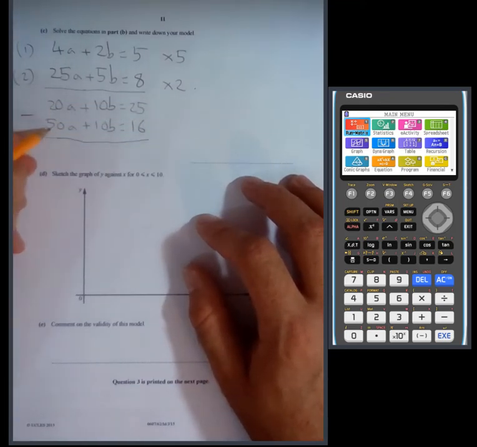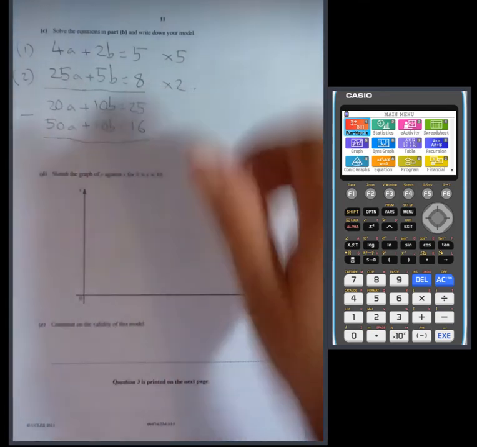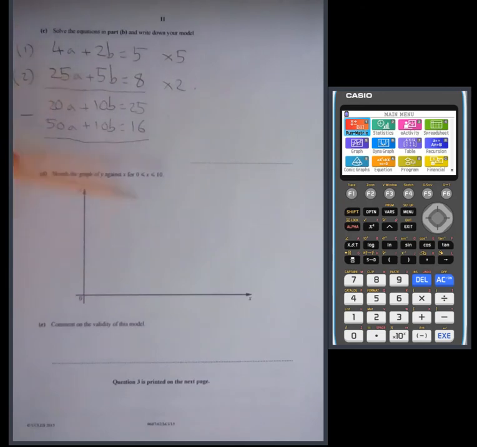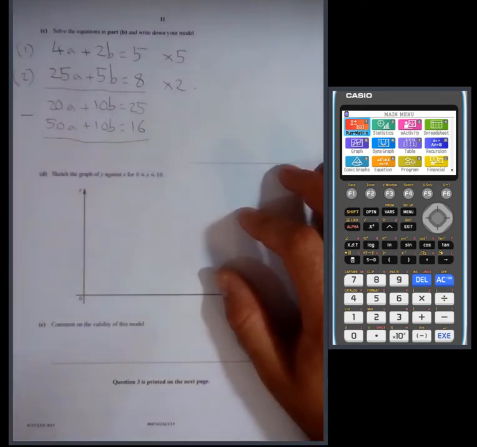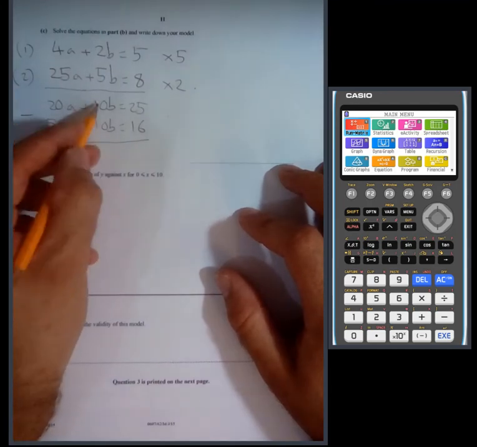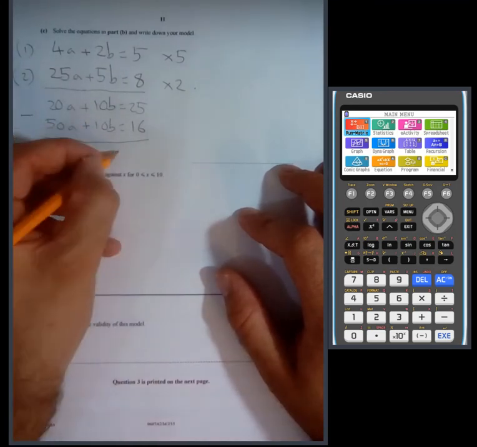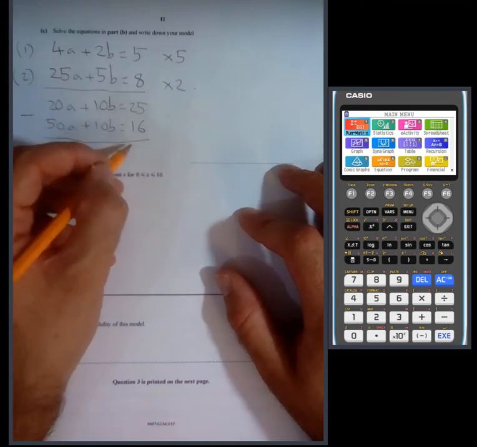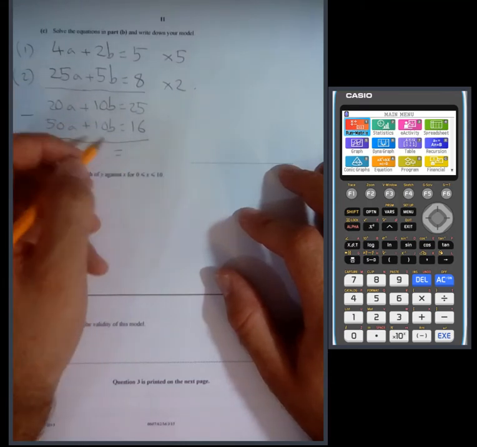So 25 minus 16, and it does need to be done that way around. Well, or if you did it the other way around, you'd have to consistently do that across. So I am going to do 20a minus 50a, which is minus 30a, and 10b minus 10b is nothing. 25 minus 16 is 9.